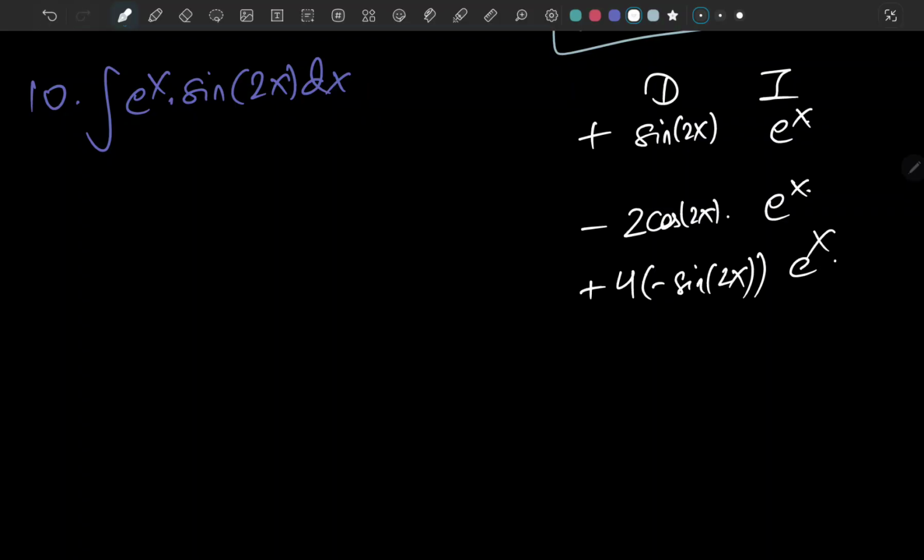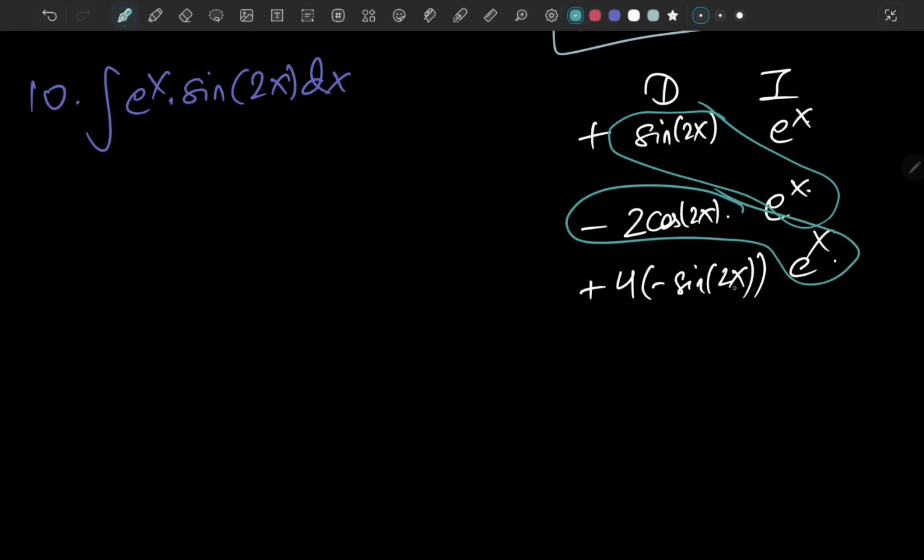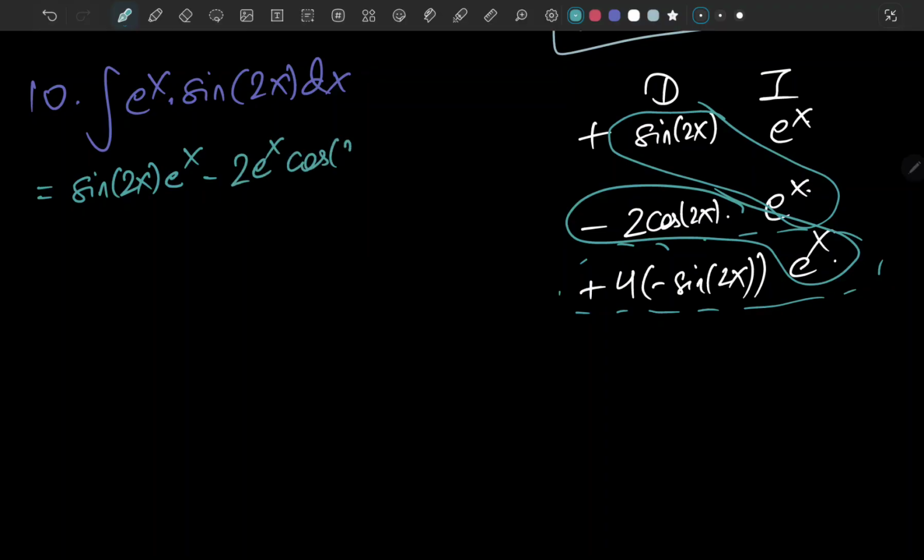And now again, putting this inside an integral, this becomes sine of 2x times e to the x minus 2 times e to the x times cosine of 2x, and minus 4 times the integral of e to the x sine 2x dx.